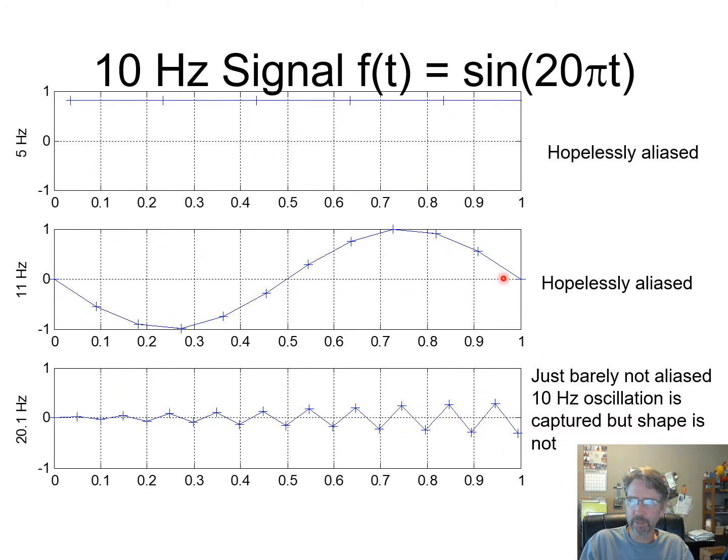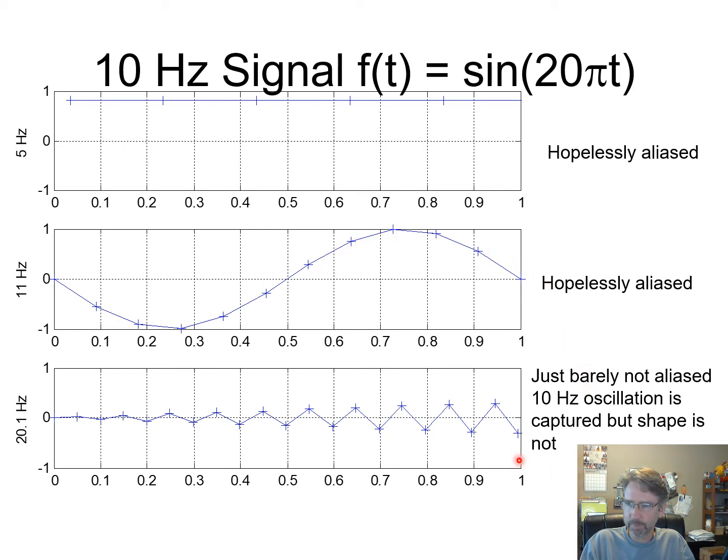If I turn off the original signal, because we don't really know what the original signal is in most cases, you can see at 5 hertz, this is hopelessly aliased. It doesn't look good at all. 11 hertz, hopelessly aliased, and this is the thing with aliasing, it looks reasonable. That looks like an interesting signal.